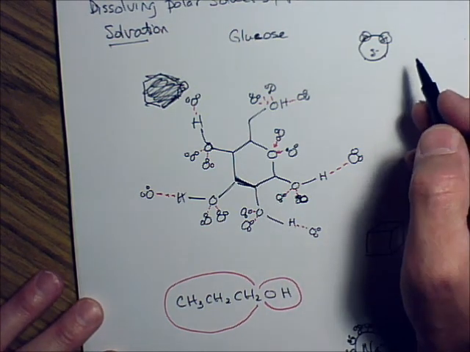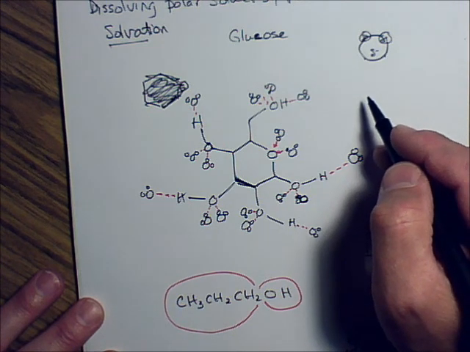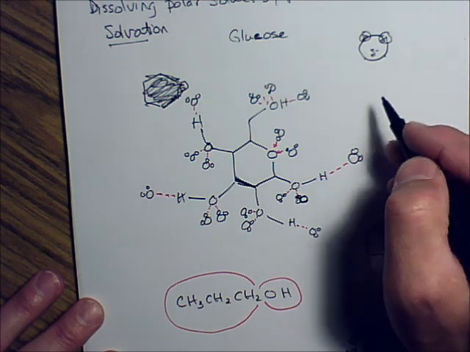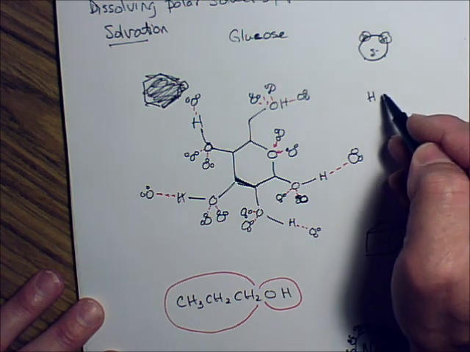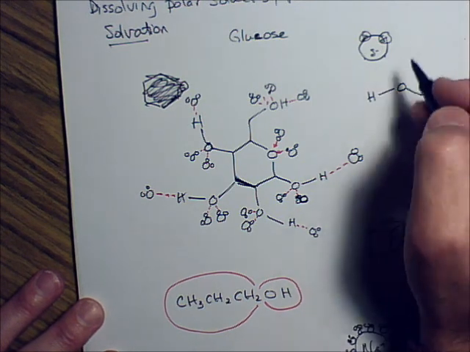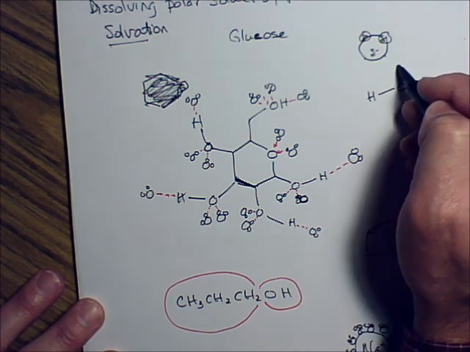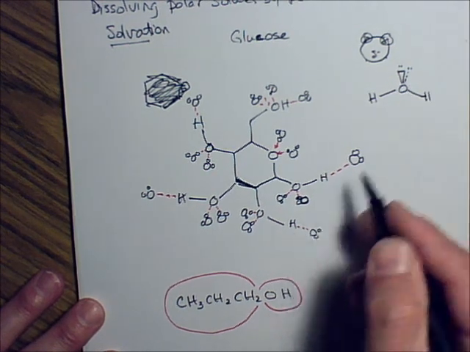If we go back to where we drew out the structure of a water molecule, and remember the modified electron pair shape, I had a set of electrons up here and another set of electrons up there. Okay, does that make sense?